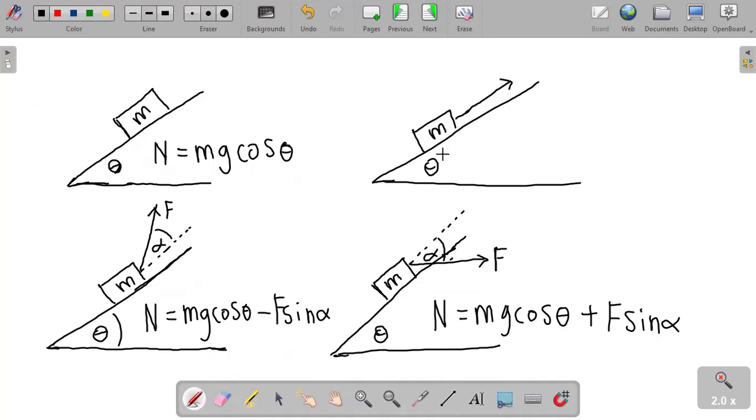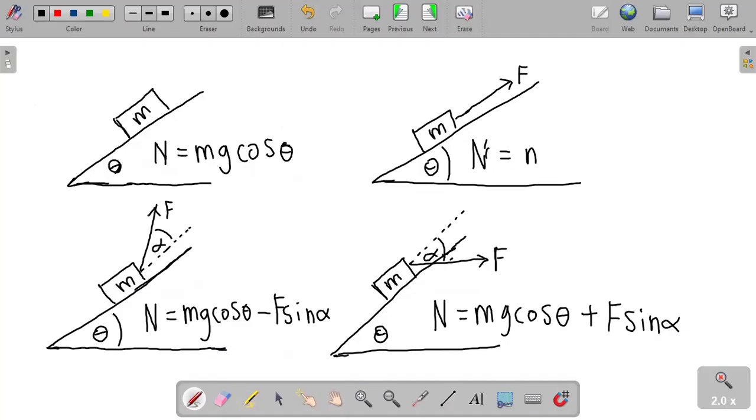So meaning there is no alpha. It's not acting at an angle diagonally. This is the force F. So the normal force is going to be the same.